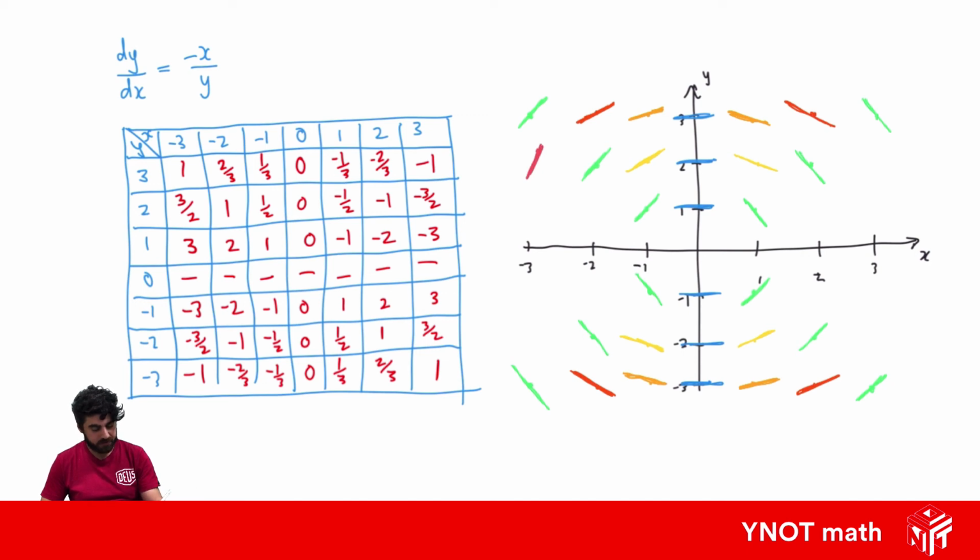We have -3/2 at -3, -2. Another -3/2 at 3, 2. And a 3/2 at 3, -2.